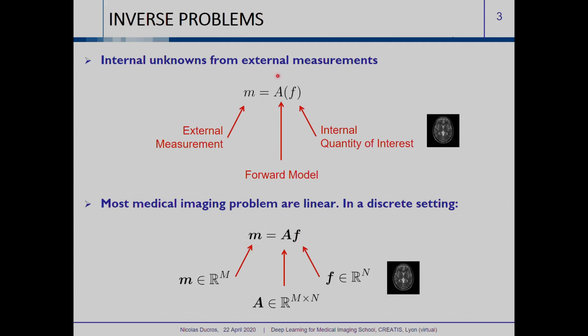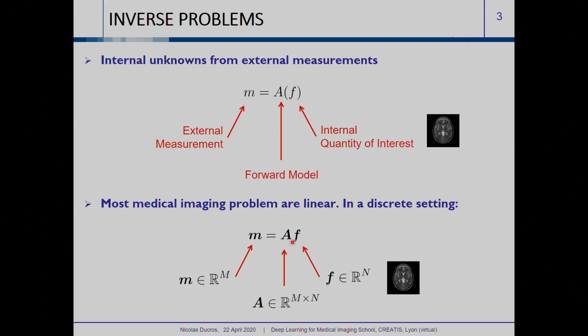Now I'm going to simplify this equation a little bit, considering discrete linear problems. Most medical imaging problems are linear or can be considered as linear, which means that m directly equals a times f.